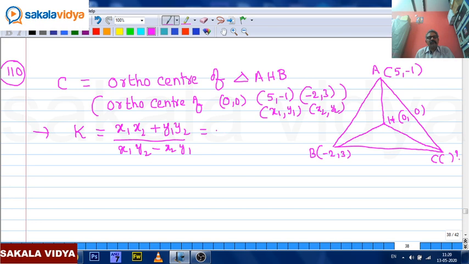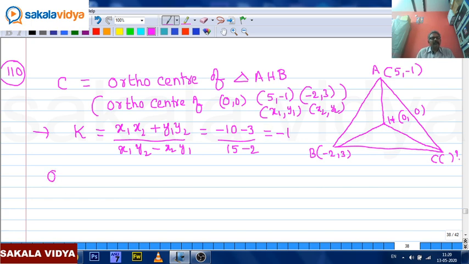x1 x2 means minus 10, y1 y2 is minus 3, correct? Now x1 y2 is 15 minus x2 into y1, plus 2 into minus 1, so k will be minus 1.